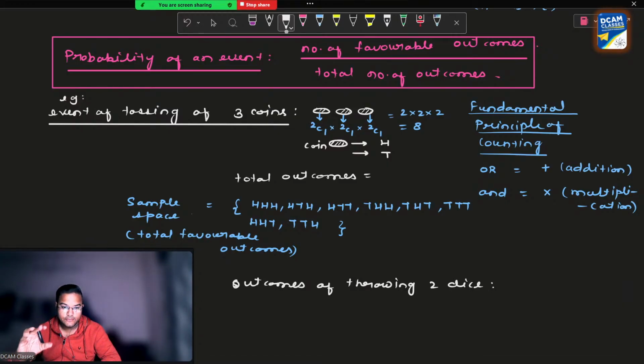I have two dice, and one dice has 6 faces. What will be the total outcomes of throwing two dice simultaneously?